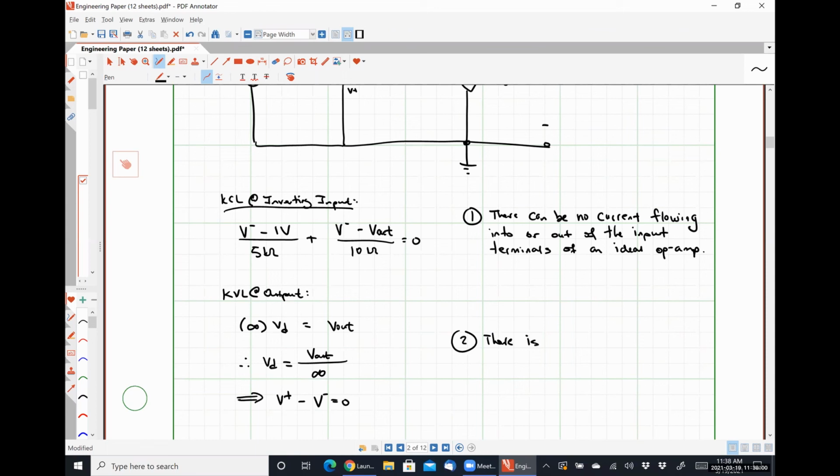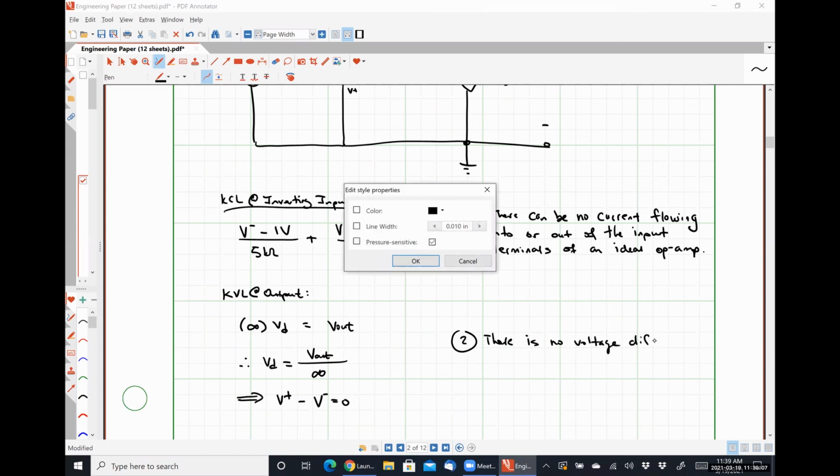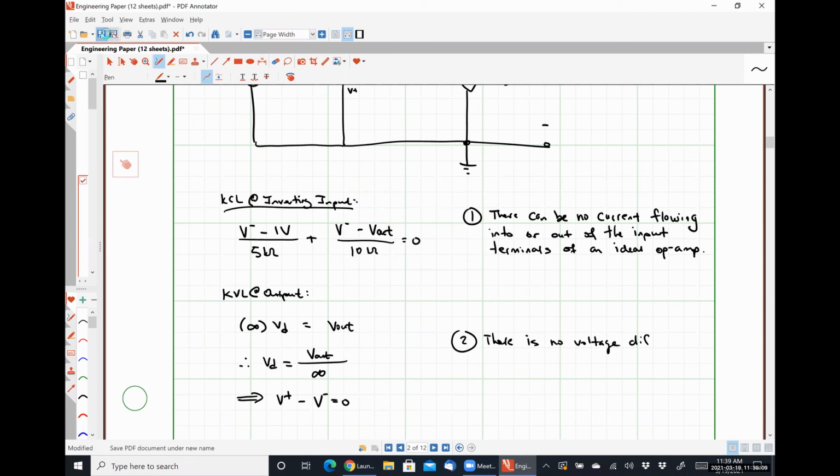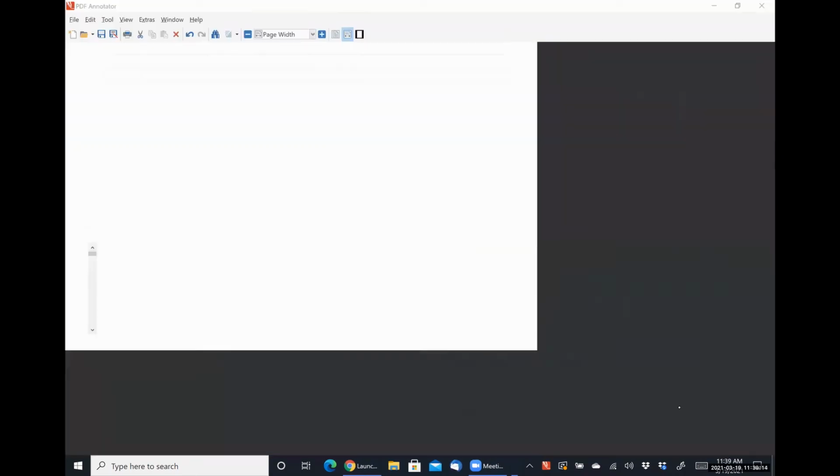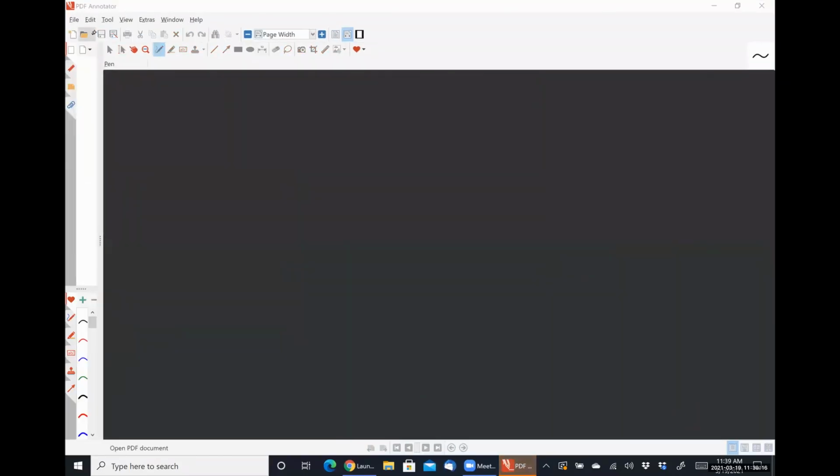There is no voltage difference. Dang it, I have to save this, close it, and then reopen it. Again, I apologize. It's my thumb pressing a weird button on this new stylus I have.